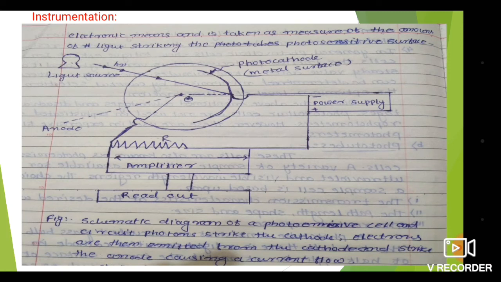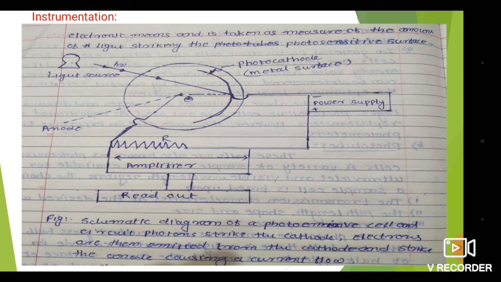So the simple phototube contains photoemissive cells. The phototube consists of one evacuated glass bulb, and there is a light sensitive cathode, the photocathode, in the form of a half cylinder of metal.